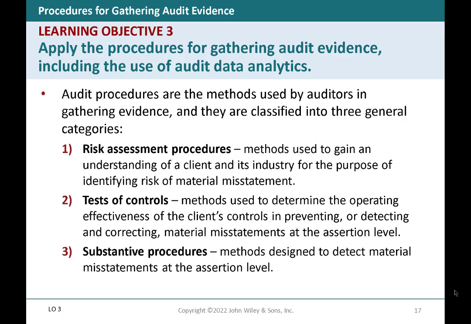For example, we talked about discussions, inquiries we'd have with management, maybe concerning the operations of the company. We looked at analytical procedures, which are actually required during the risk assessment stage.